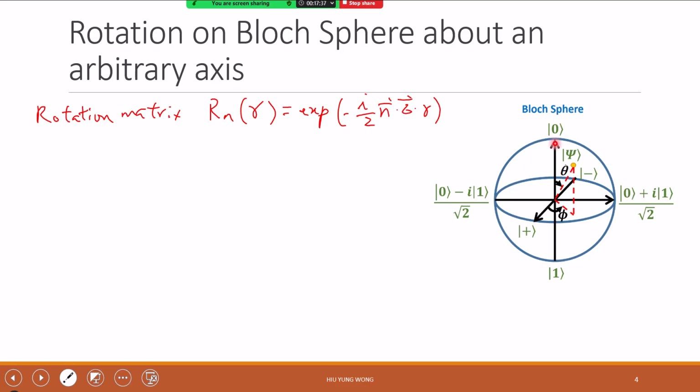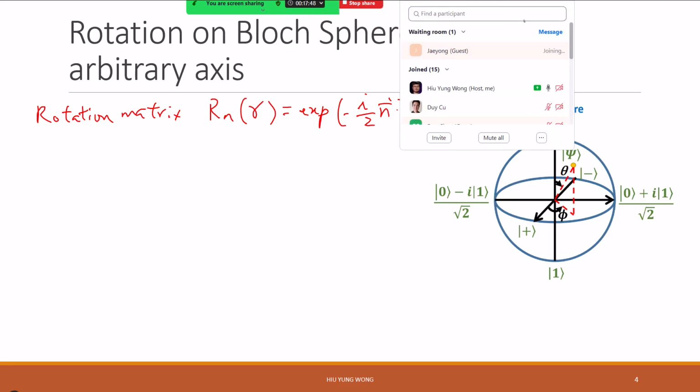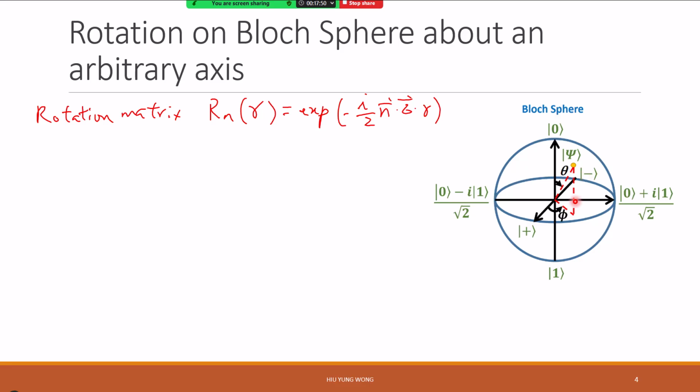Instead of rotating about this xyz, what if it's another particular direction? So now this direction has some important meaning, because this direction is really related to the 3D space, because we embedded it in 3D space. And this direction is given by n.